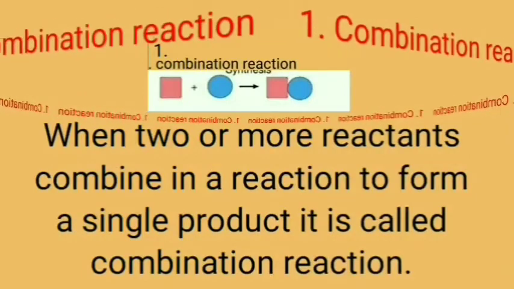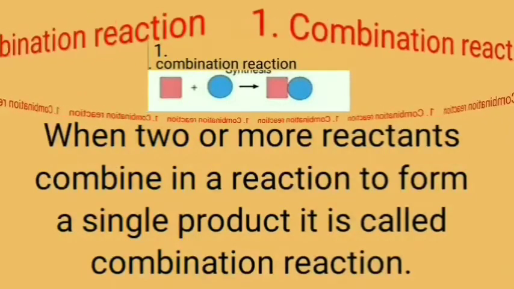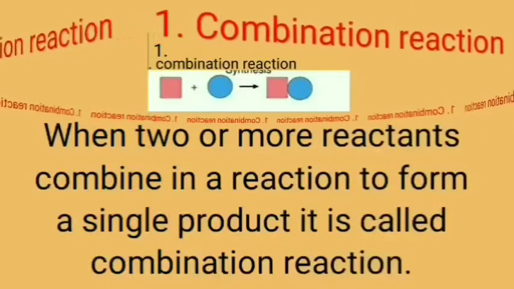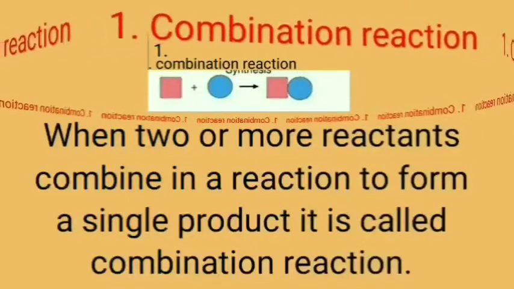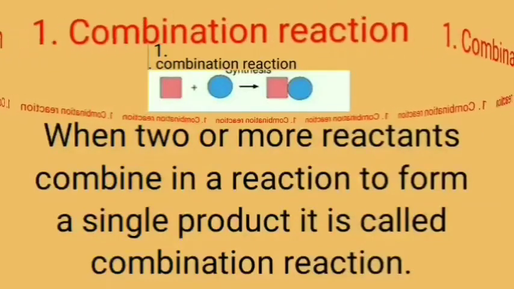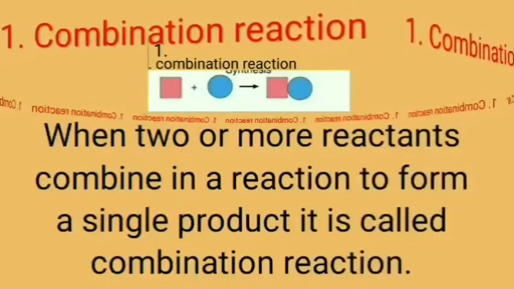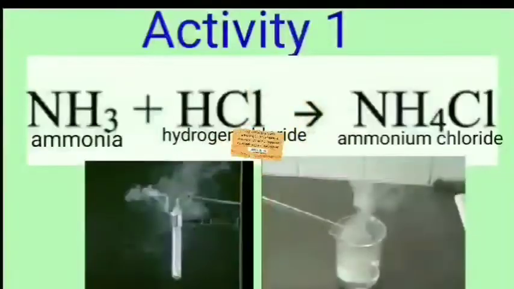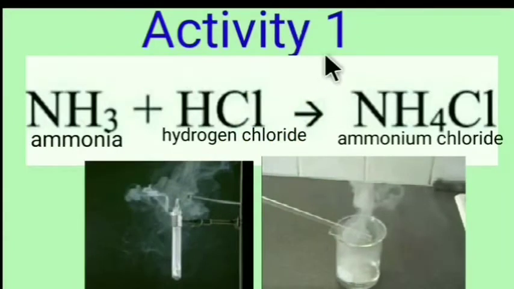First, combination reaction. See the definition: when two or more reactants combine in a reaction to form a single product, it is called a combination reaction. Activity 1. Take a small amount of hydrochloric acid in a test tube or beaker.